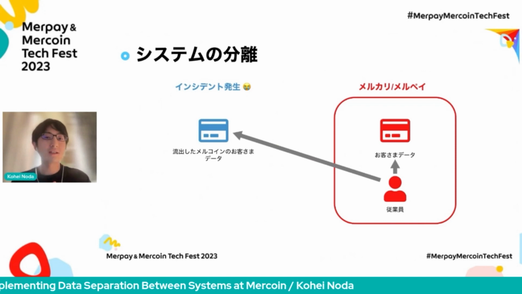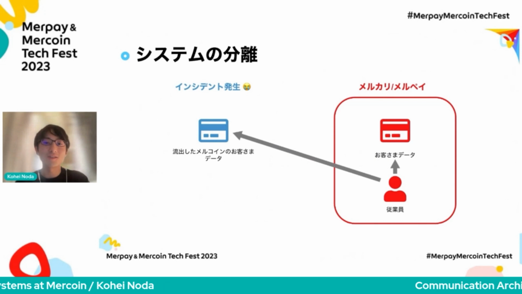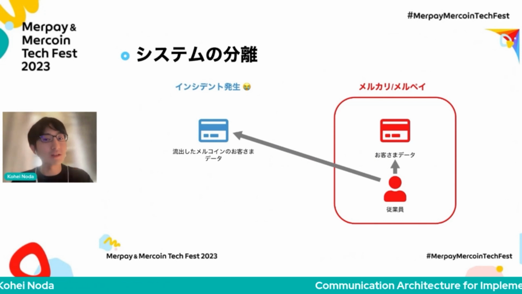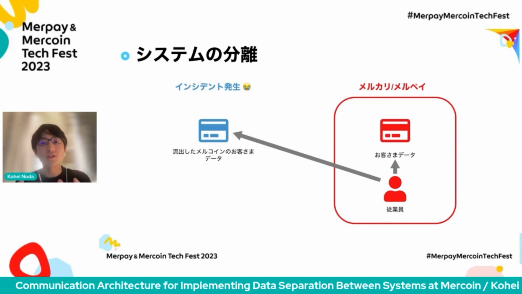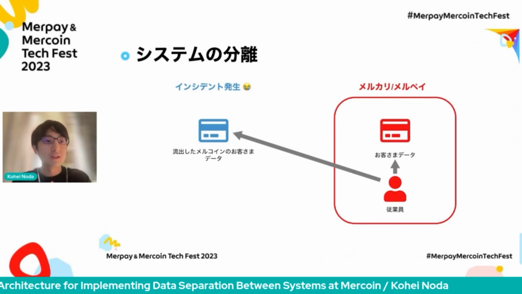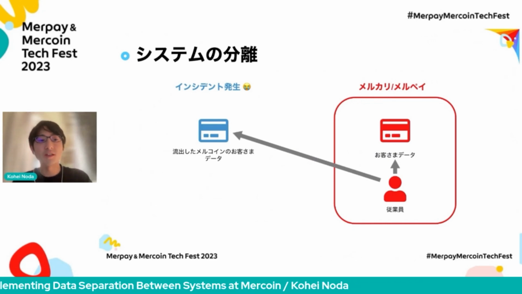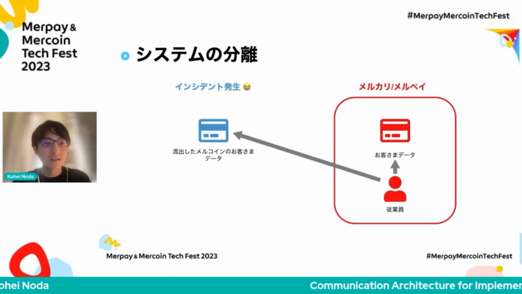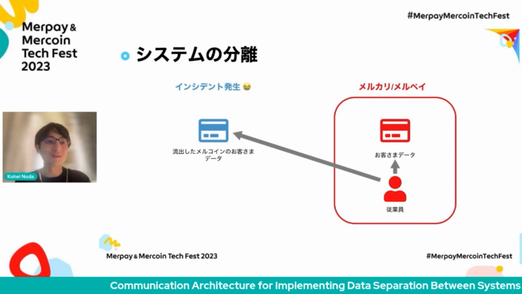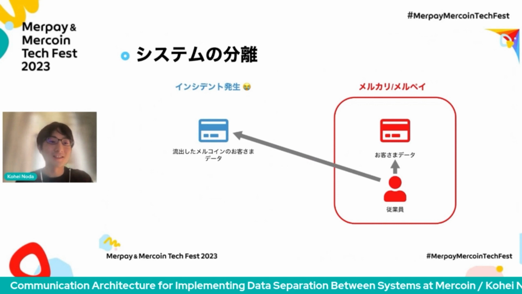However, with this system separation alone, if an incident happens on Mercoin and the customer data were to leak out, even an employee who only had privilege to access Mercari Merpay could access the customer data of that system and the Mercoin customer data at the same time, so it would be possible to link them.